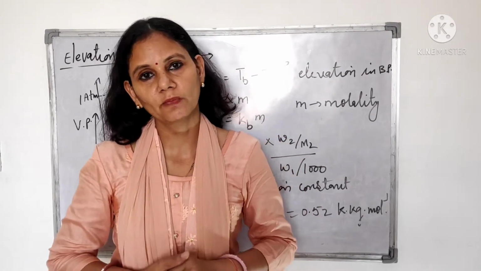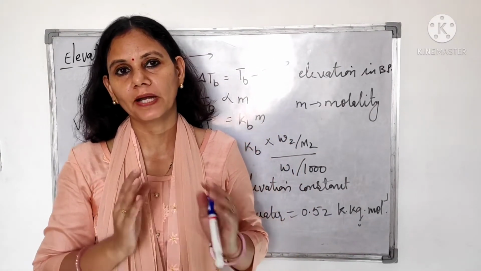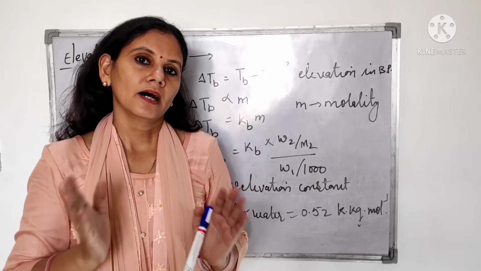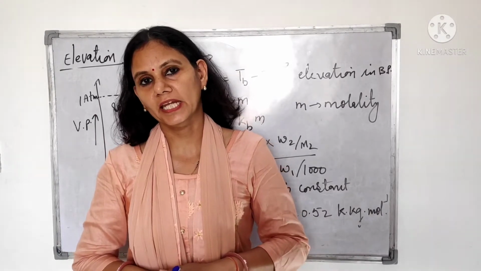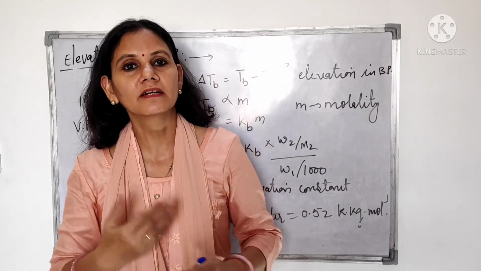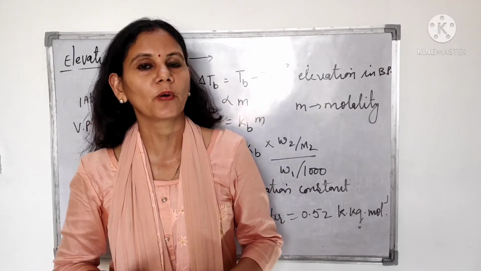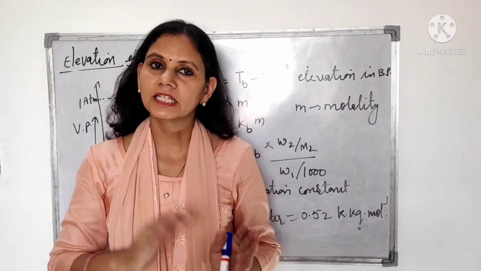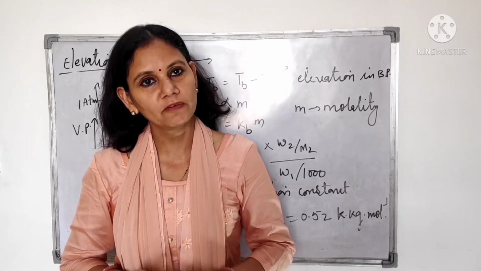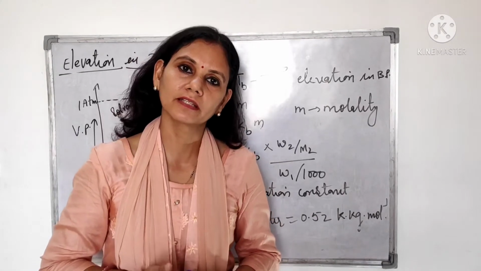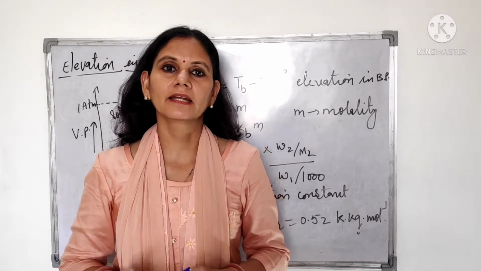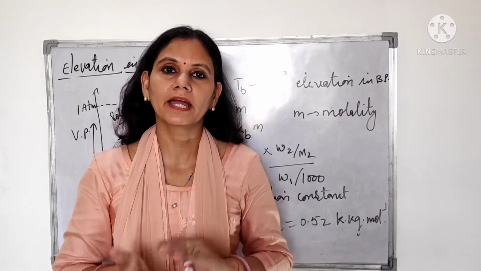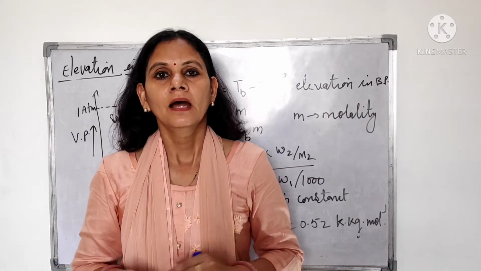As the water's boiling point is 373.15, but when we put 1 mole of sucrose in it, its boiling point increases to 373.52 Kelvin. In the starting it is 373.15, then it becomes 373.52, so from this experiment we can say that boiling point increases by adding non-volatile solute.